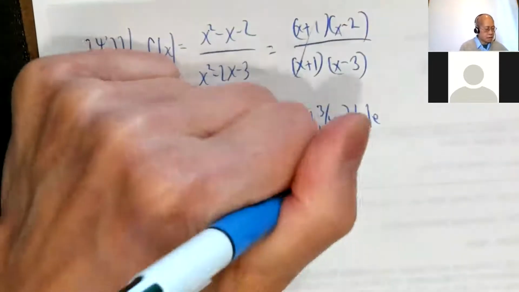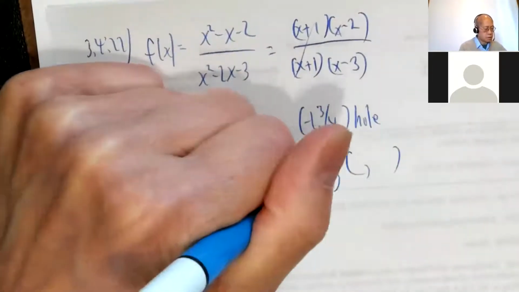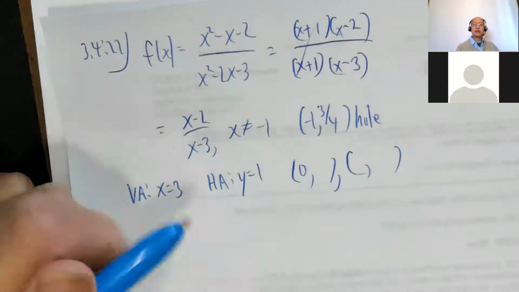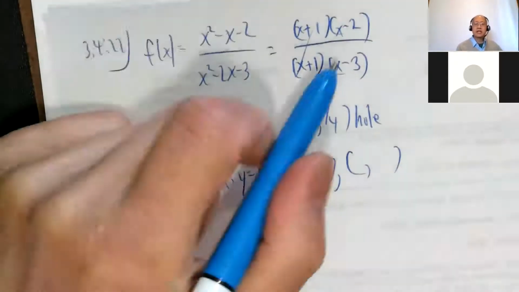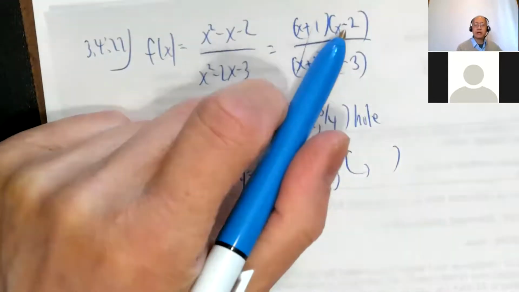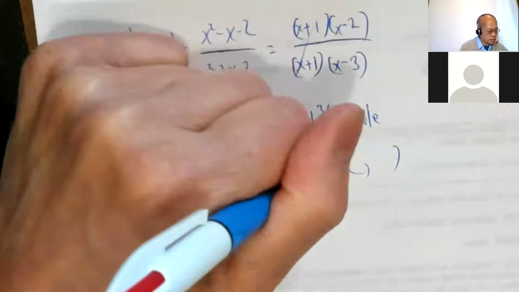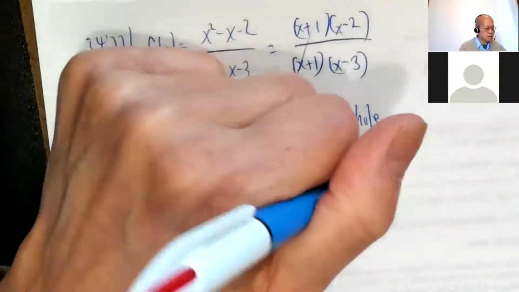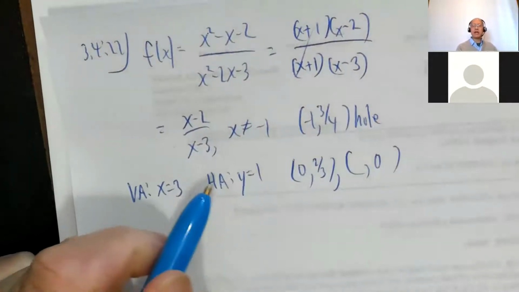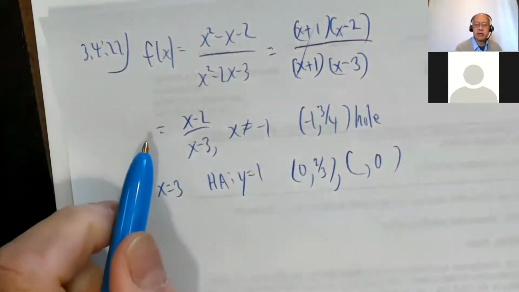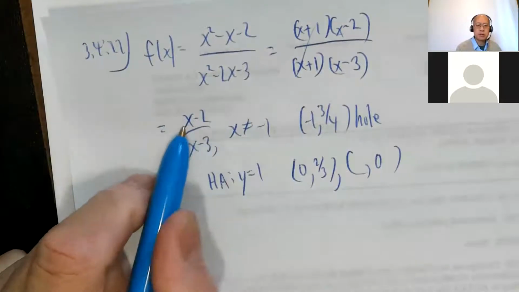And yes, let's get intercepts. When x is 0, I get -2 divided by -3, 2/3. And how about y = 0? When is the fraction equal to 0? When the top is 0, so x = 2.